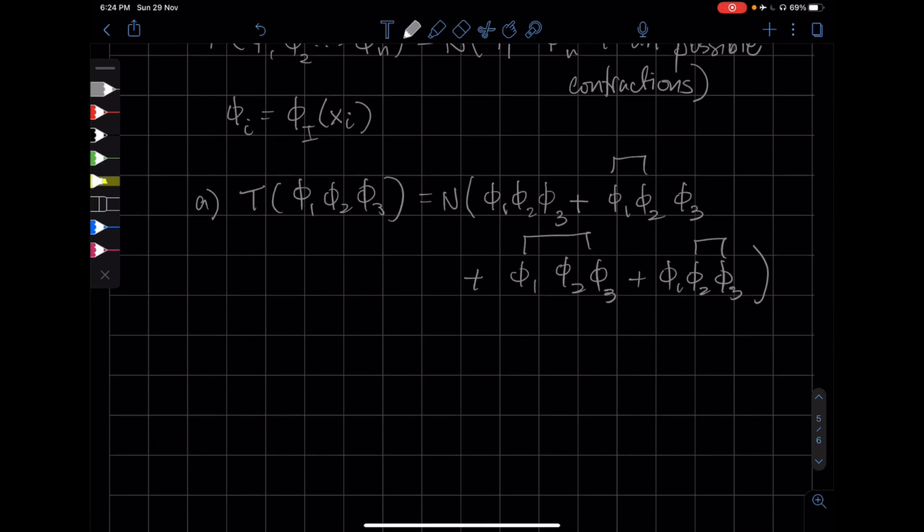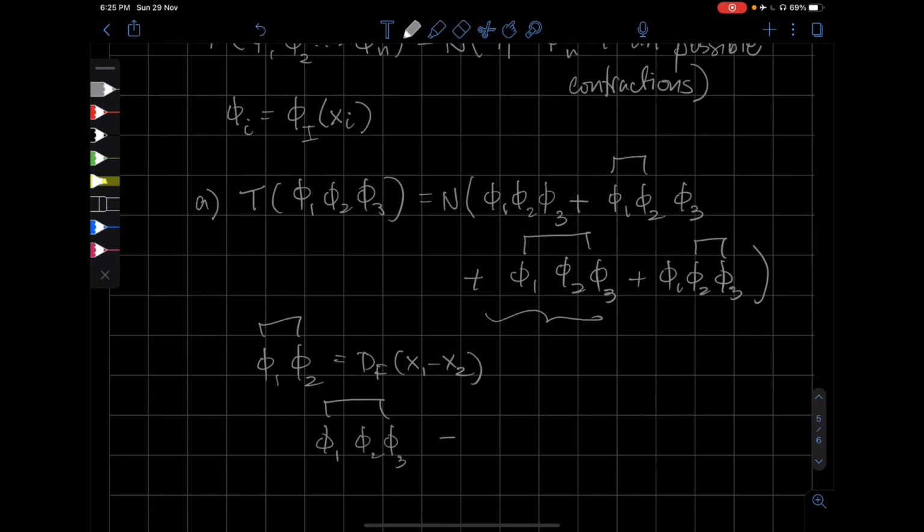So recall that the contraction of phi 1 and phi 2, or phi 1 and phi 3, is just the Feynman propagator. So this means that, for example, this term, phi 1, phi 2, phi 3, with phi 1 and phi 3 contracted, is nothing but D_F.